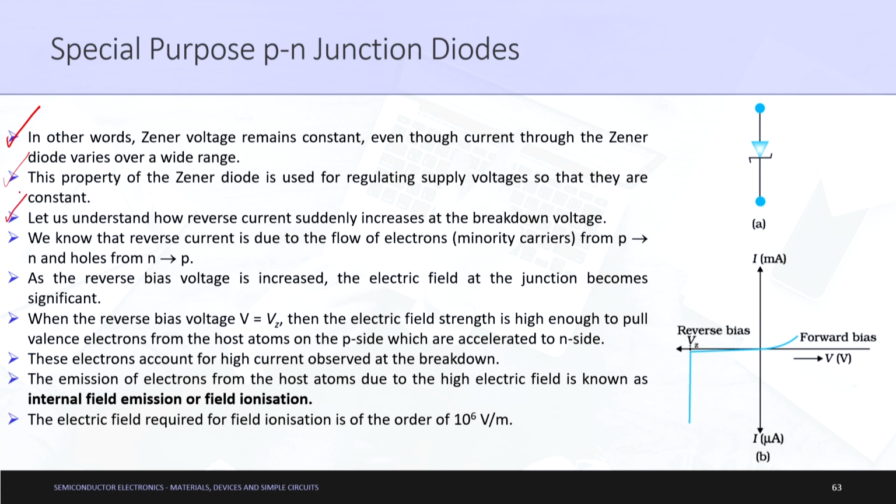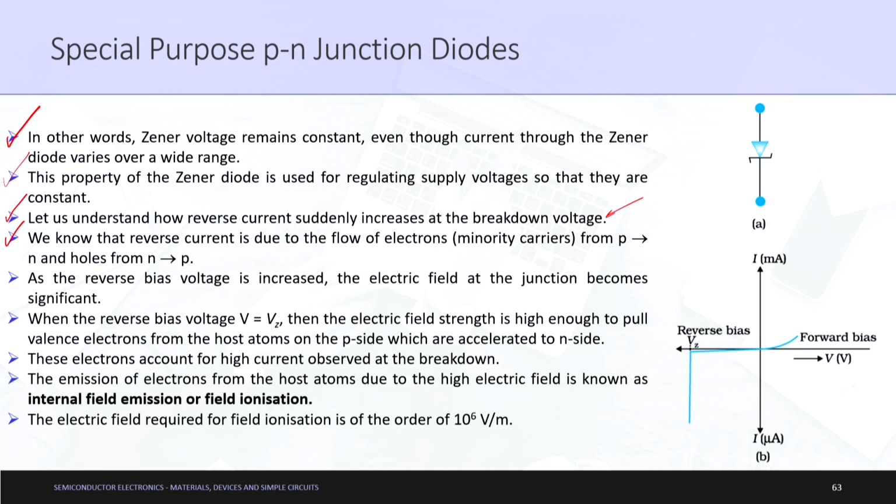understand how reverse current suddenly increases at the breakdown voltage. Now let us understand the phenomenon which is happening here. We know that reverse current is due to the flow of electrons from P to N and holes from N to P. What does the reverse current refer to? It refers to the minority charge carriers being moved.